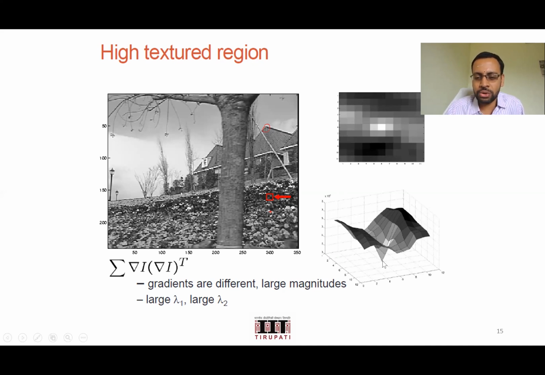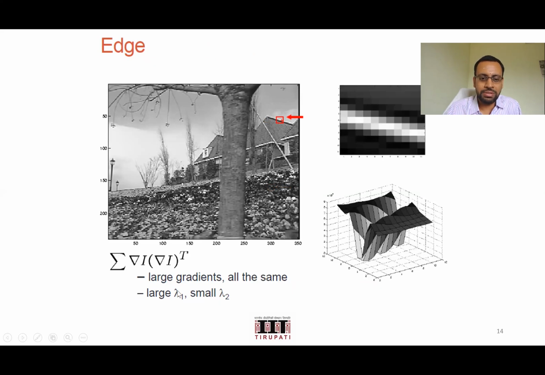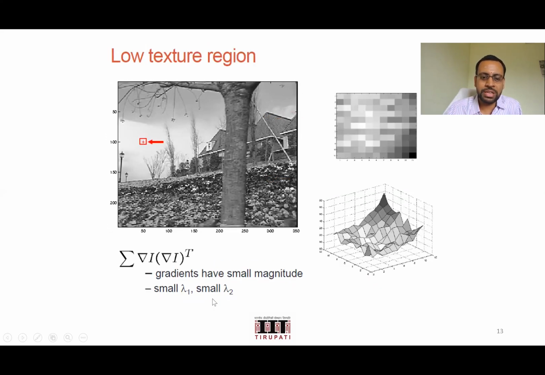So from there you could see kind of a sharp nail. In whichever direction you move here, it would give you a large variation. So here you will get large lambda 1 and lambda 2. In the previous case, for example, lambda 1 is large but lambda 2 will be very small. In the first case, you would be getting both lambda 1 and lambda 2 small.